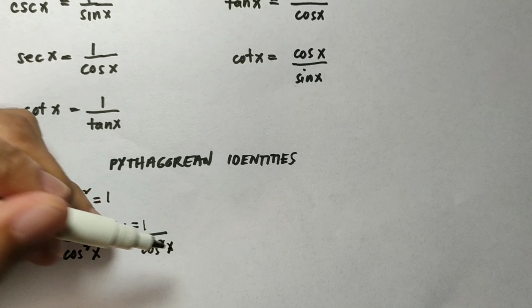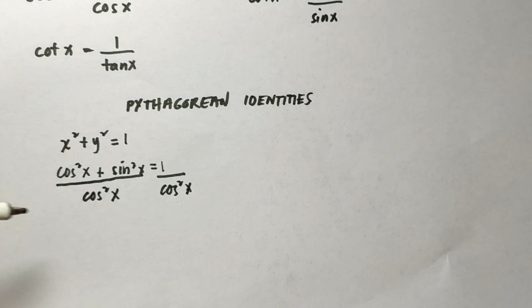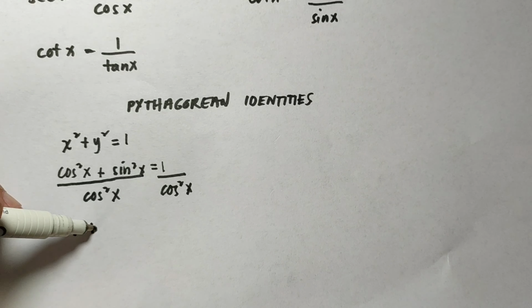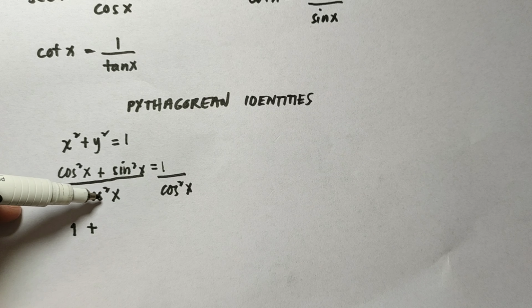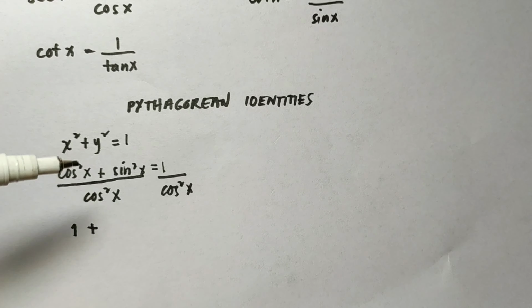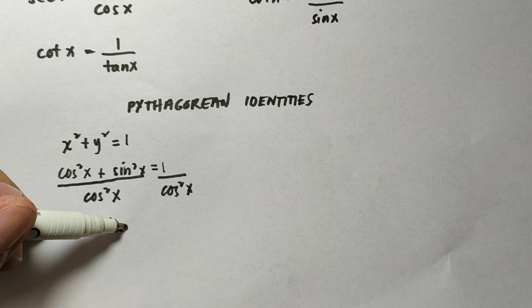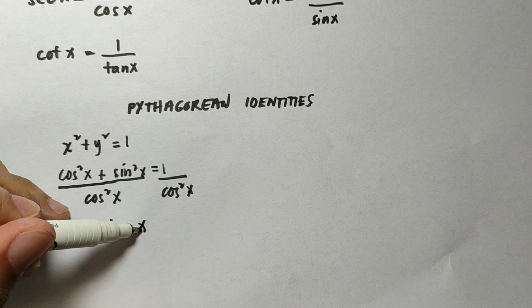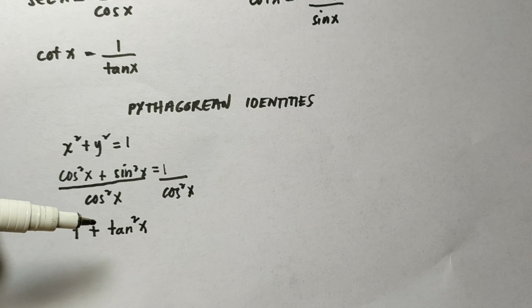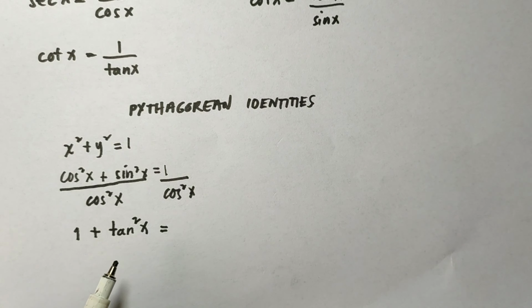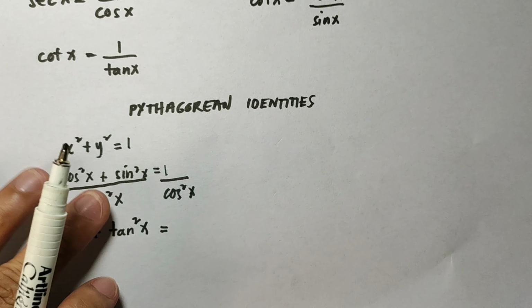That's the same. So dividing this, you will have cosine squared x over cosine squared x is 1, plus sine squared x over cosine squared x. Sine x over cosine x is the same as tangent x, and since it is raised to 2, that will be tangent squared x, by the use of the quotient identities.